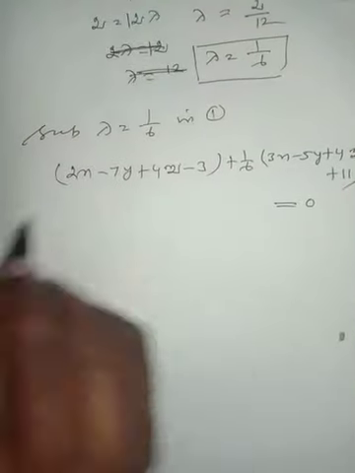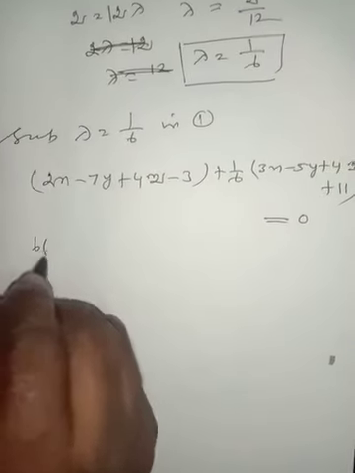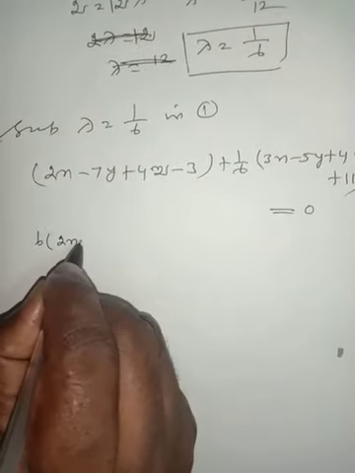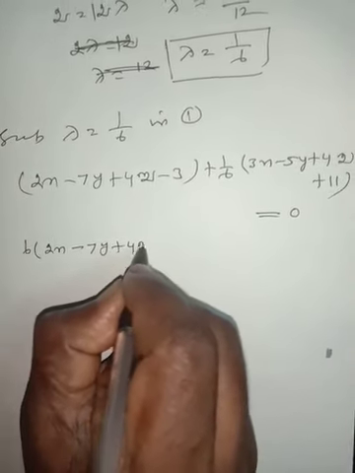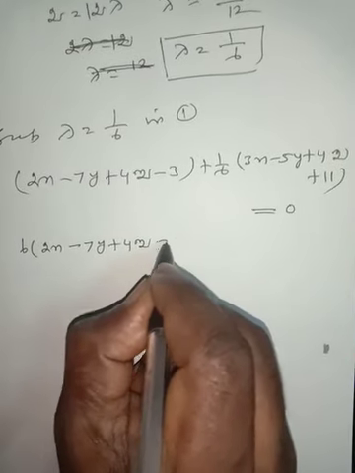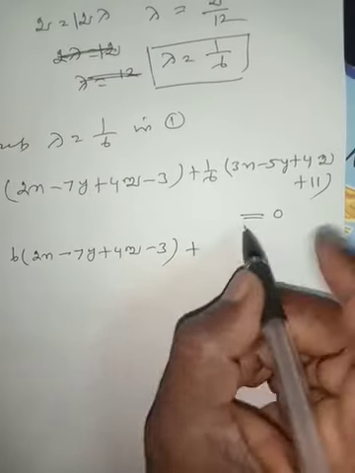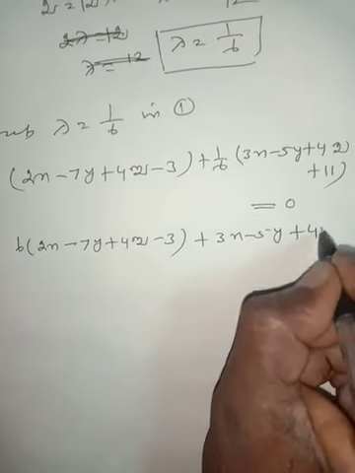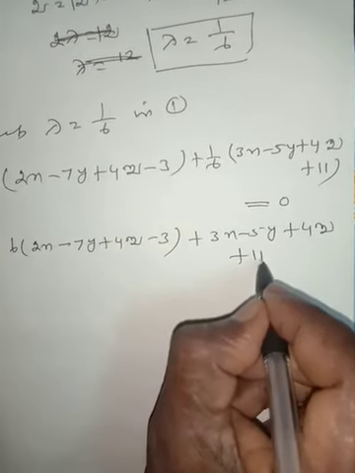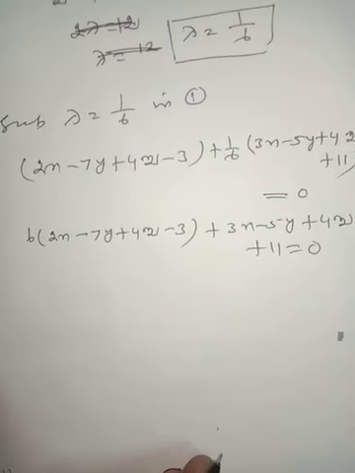Now take LCM. 6 into 2x minus 7y plus 4z minus 3, plus 3x minus 5y plus 4z plus 11 is equal to 0.